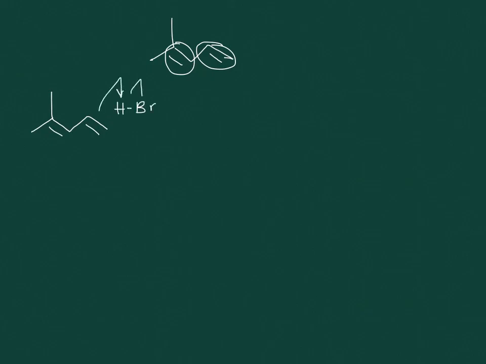Alright, now we're going to look at the case when we have an unsymmetric diene. So we have two different double bonds here. Okay, so if we have HBr, and we add to the double bond that I have drawn, we're going to draw the resonance stabilized carbocation.